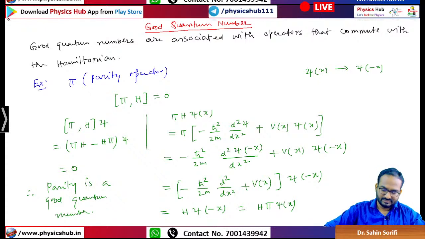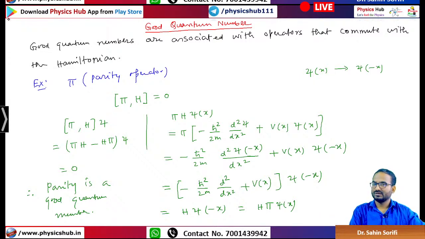So just practice as much as possible, and most importantly, revise. Don't think that numericals are not revisable. You have to revise numericals also. One time you do, two times, three times, and each time you will get new insights about the problems. So keep practicing and definitely the situation will improve.